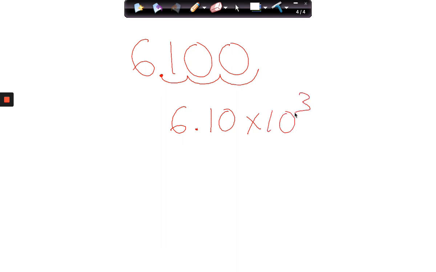So what you're going to find out is we can force zeros to be significant only sometimes by putting them in scientific notation, and you're going to see that in the homework today.